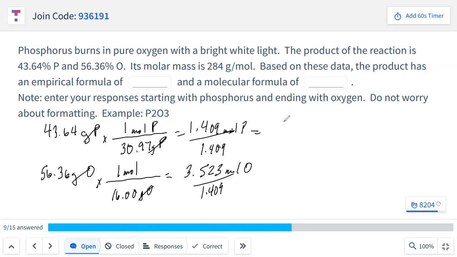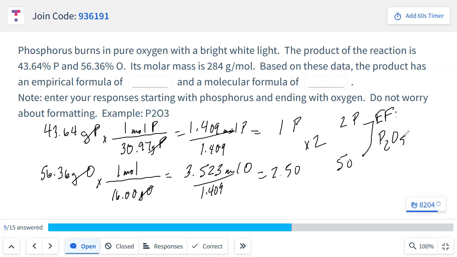So if we do that, we get 1 phosphorus and 2.5 oxygen, which means we're going to need to multiply by 2 to get rid of the half. So that means we're going to have 2 phosphorus, and 2.5 times 2 is 5 oxygen. The empirical formula here is going to be P2O5.